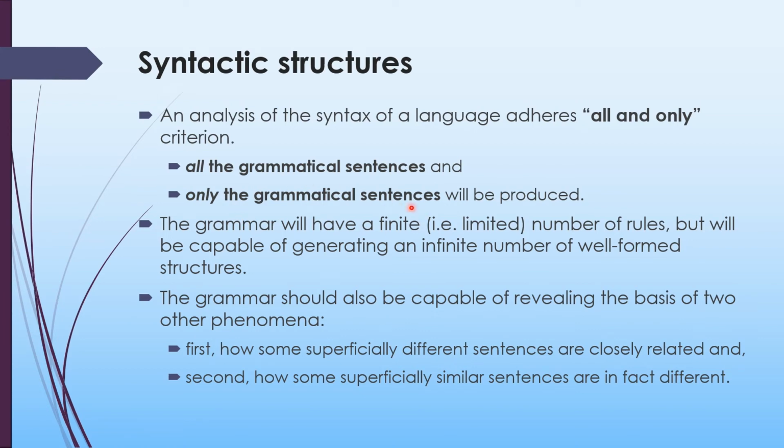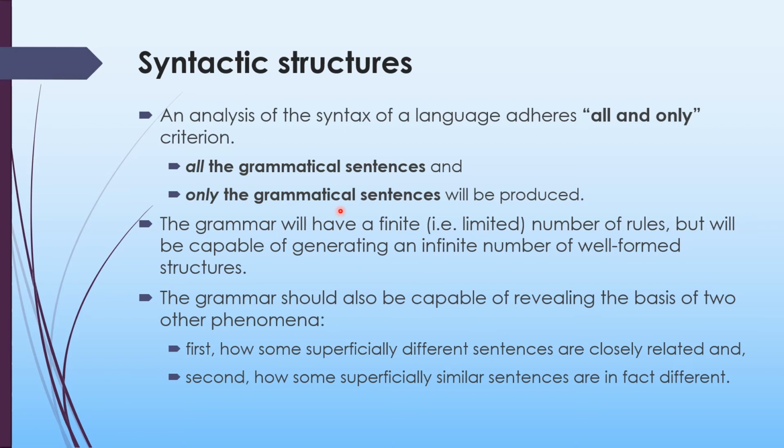Whenever we are referring to generative grammar, we are referring to generating grammatically correct structures, grammatically correct sentences. So we are referring to all the grammatical sentences and only the grammatical sentences.